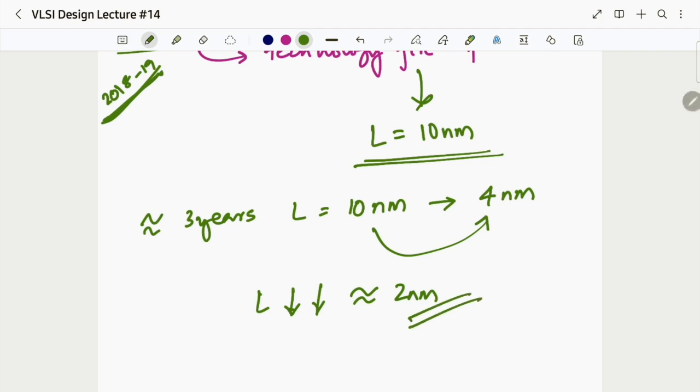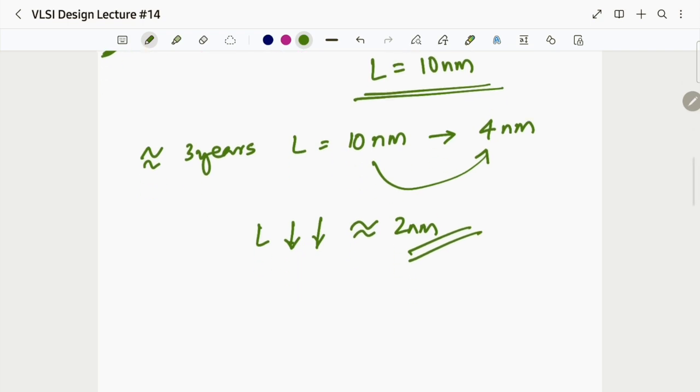What will happen? There will be certain repercussions also. Beyond a point, you can't scale any dimension down. For every phenomenon, there is a limit. So if I keep on reducing from 4 nanometer to 2 nanometer, there will be some side effects as well.